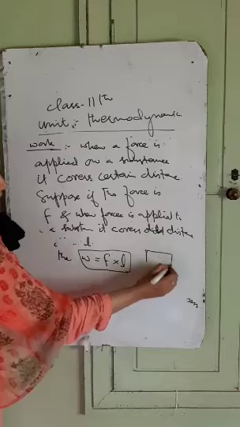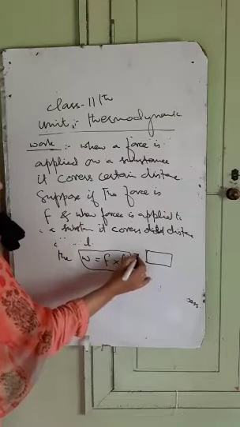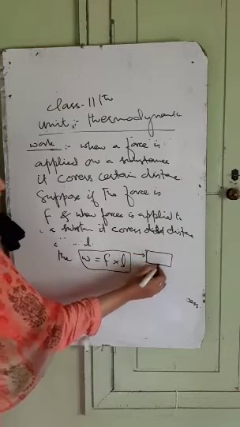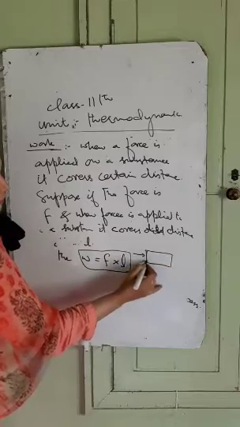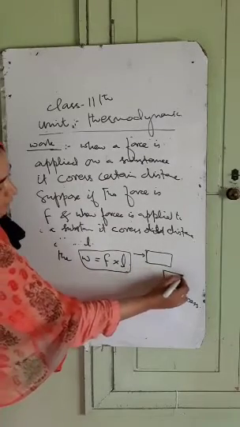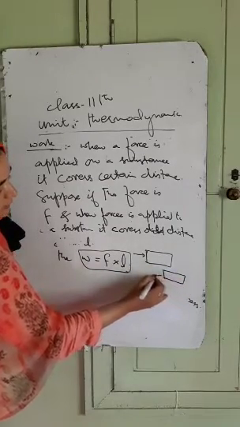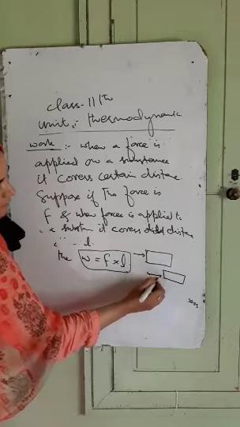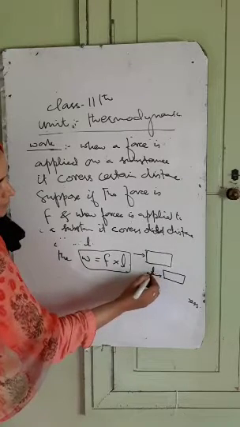Suppose we have a substance, we apply force to it, it is pushed in the direction of the force, and it covers this much of the distance, and this is called work done.